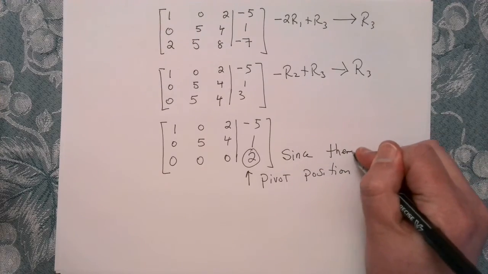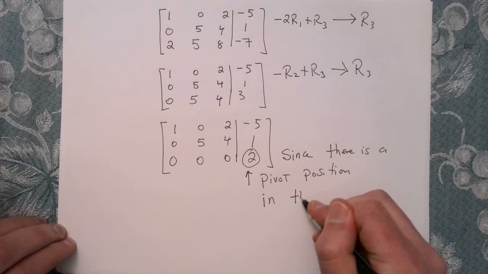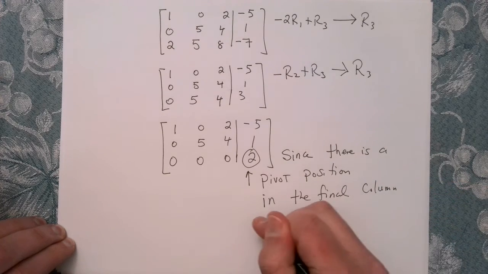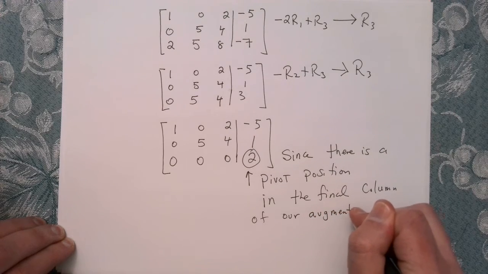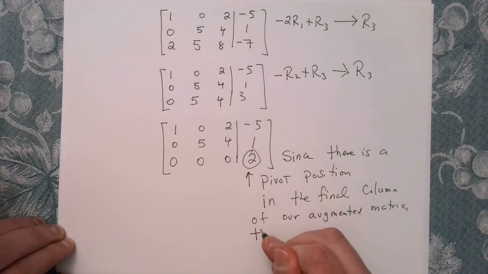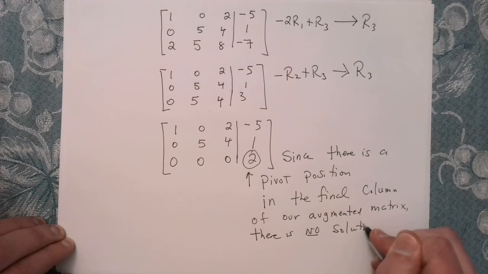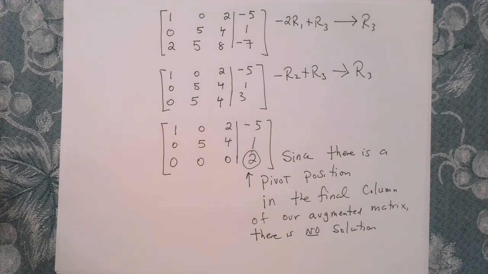So let's say, since there is a pivot position in the final column of our augmented matrix, there is no solution. And thus, if we look back at the original, let's fold this just for context.